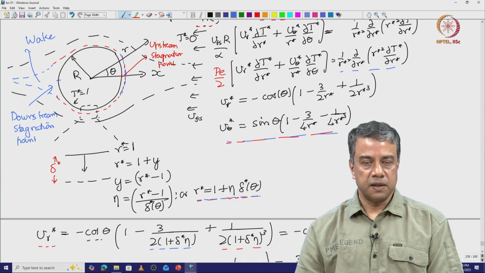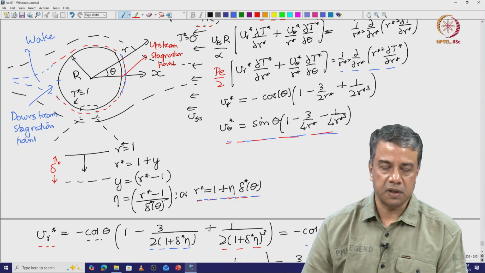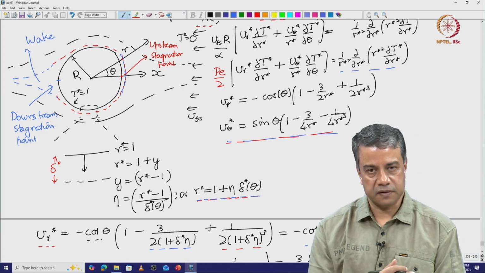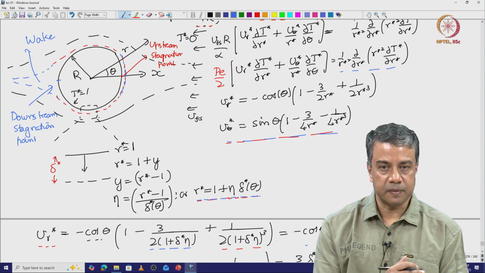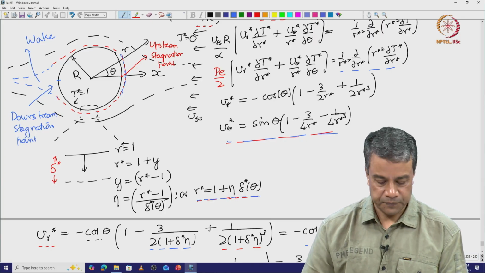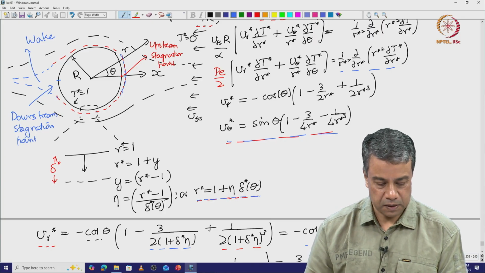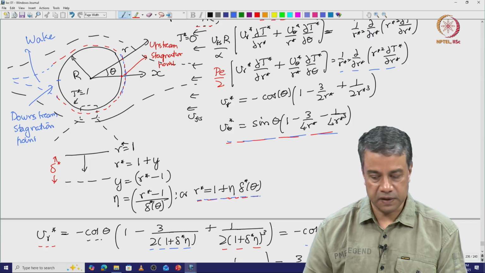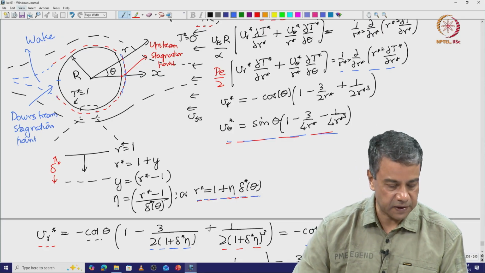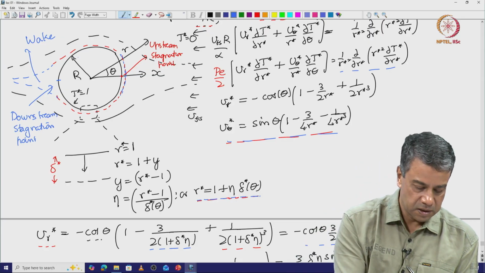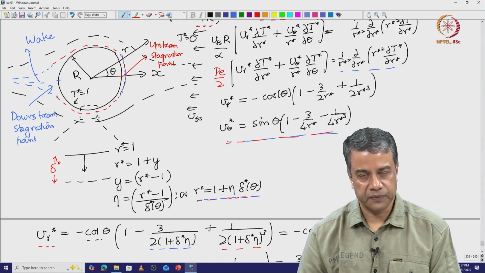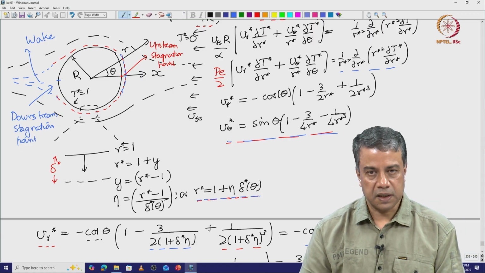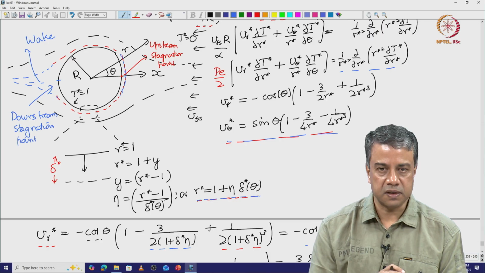In that case, at the downstream stagnation point, diffusion is away from the surface, flow is also away from the surface, and therefore the boundary layer thickness continues till infinity. The boundary layer thickness is effectively infinite at this downstream stagnation point.